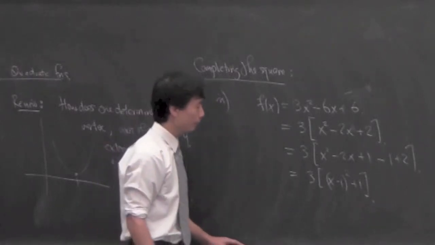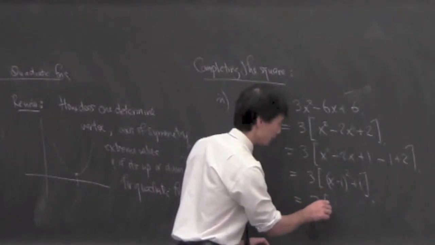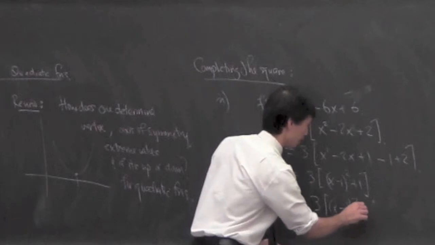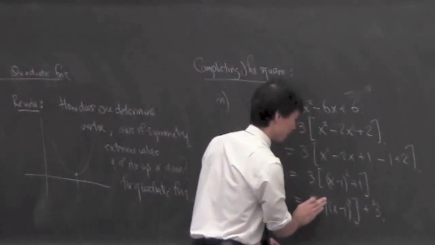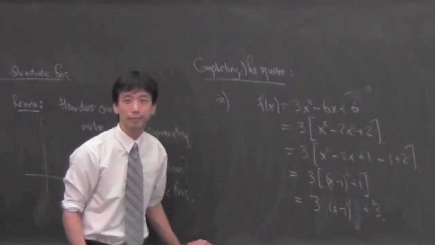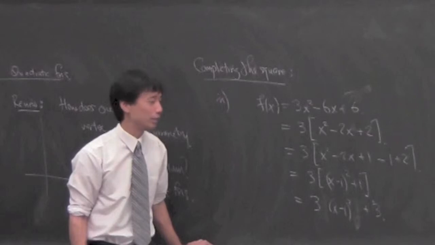Just to make this a little bit easier for me to understand, I'm going to write it like this: 3 times the quantity x minus 1 squared, and I'm going to pull the 1 outside. You don't have to, but to me that makes it easier.